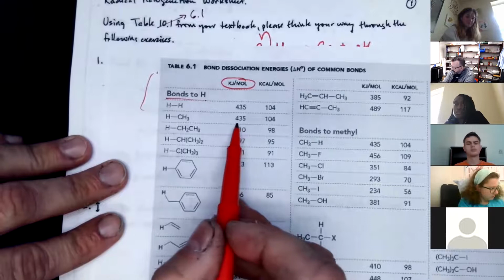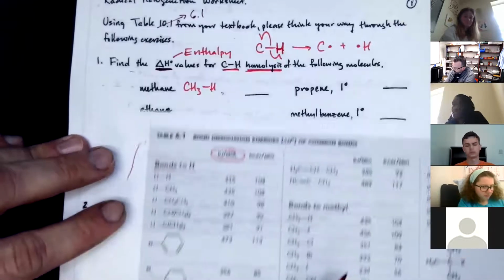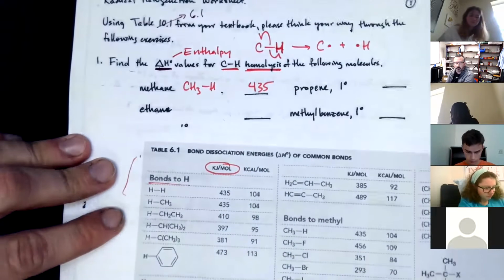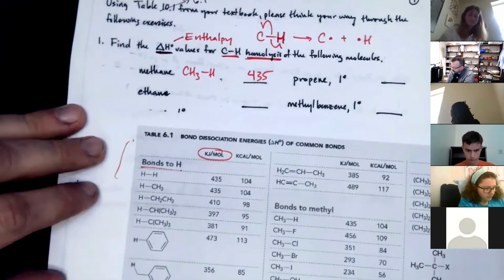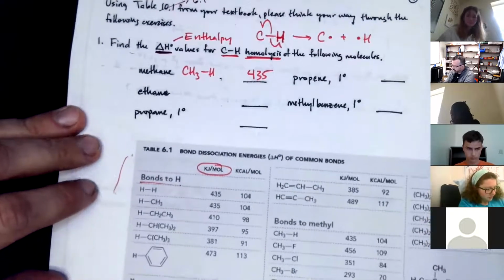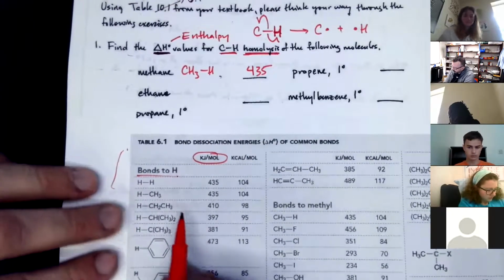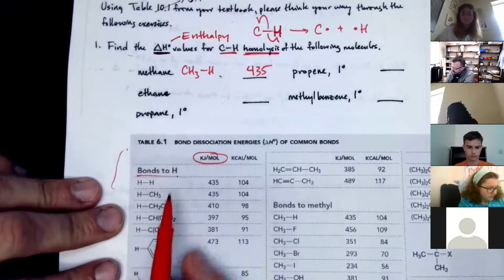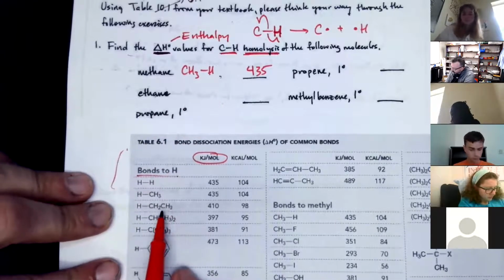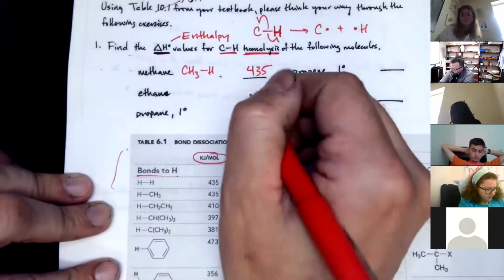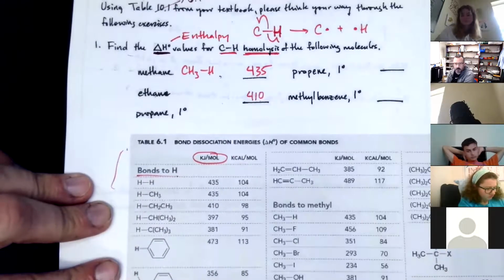So what we're going to write there is 435. So now it says ethane. Remember, we said there was only one type. 410.